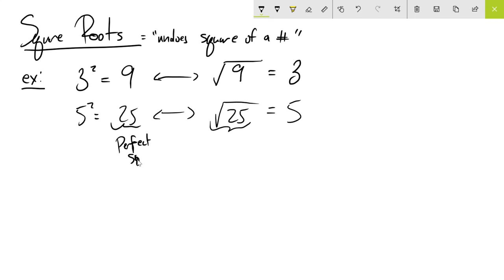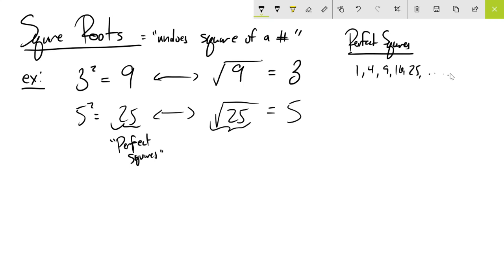The terminology is not that important, but the reason we call them perfect squares is because they have a number that you could square to get up to them. So the perfect squares are numbers like 1, 4, 9, 16, 25. All those numbers constitute perfect squares.